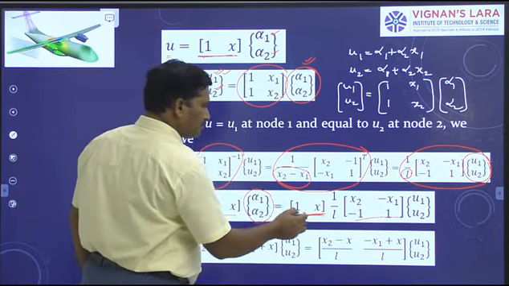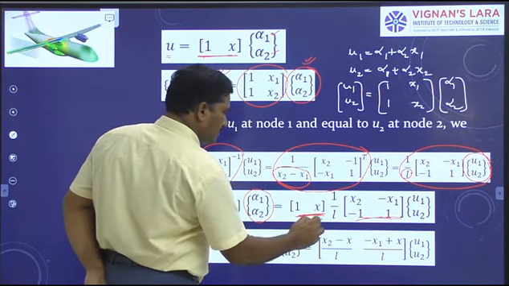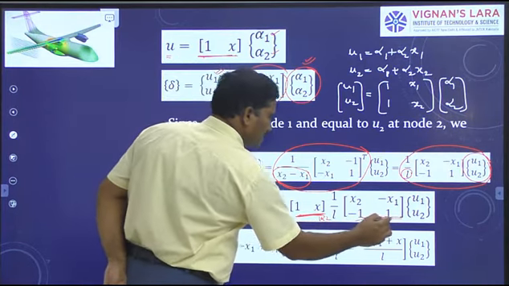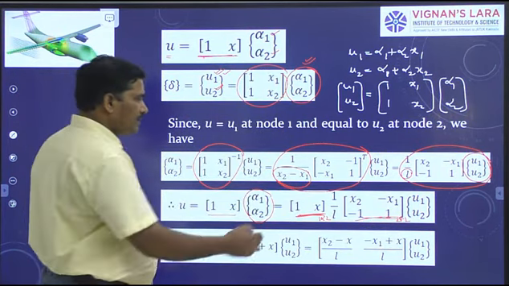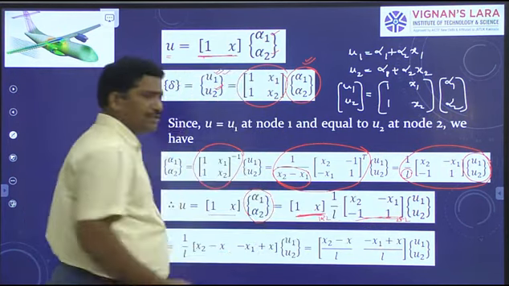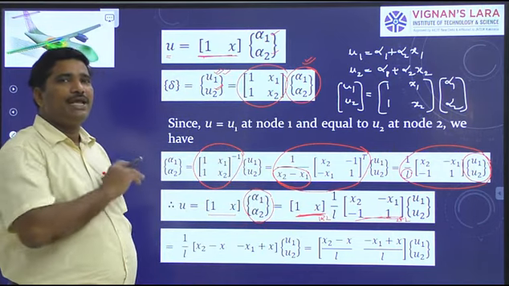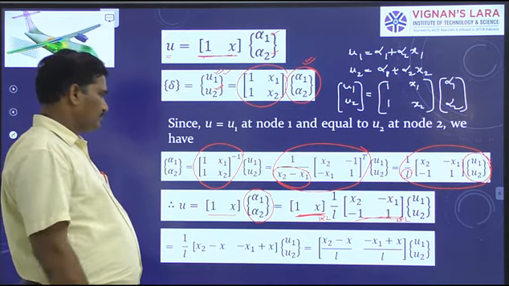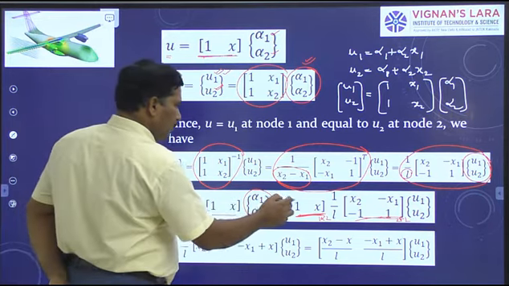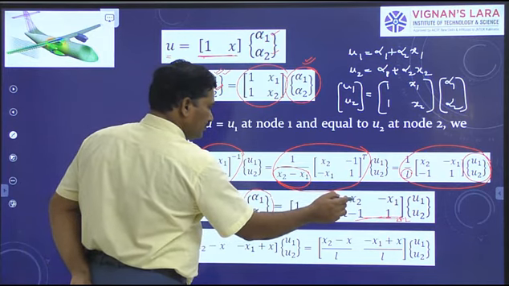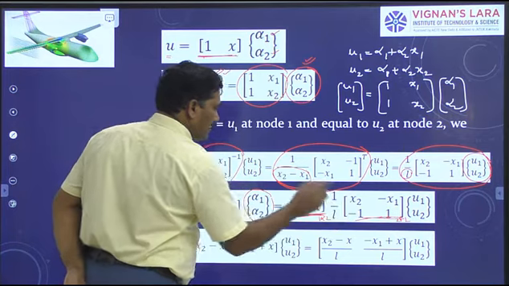Now, the displacement u equals 1 by L into, now multiply these two matrices. What is the size of this matrix? 1 by 2. And what is the size of this matrix? 2 by 2. Therefore, the resultant of these two you get a matrix of size 1 by 2, simply a row matrix. So how do you get it? Here, 1 into x2 plus x into minus 1.